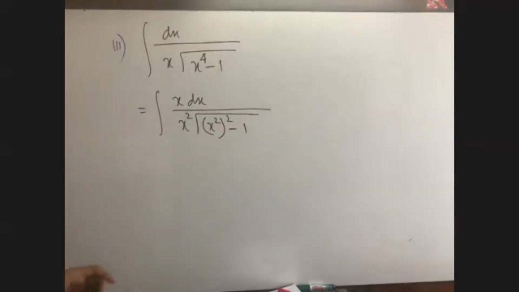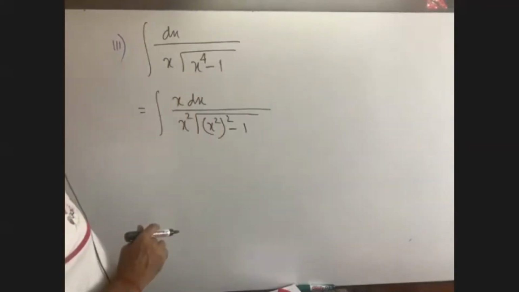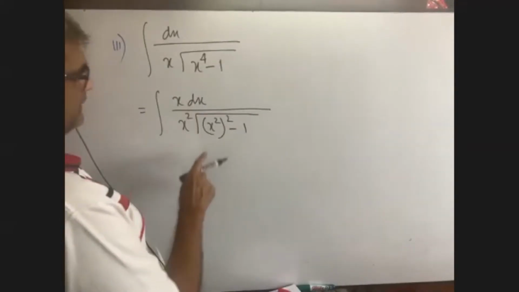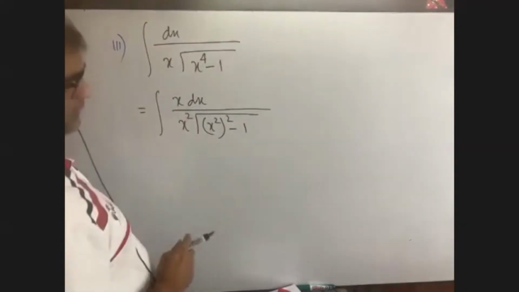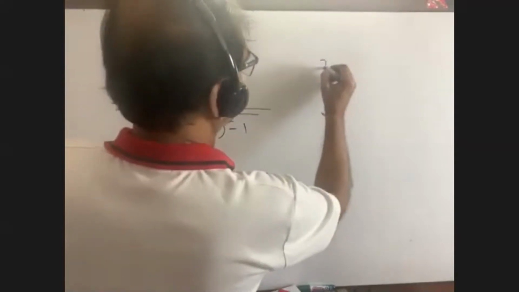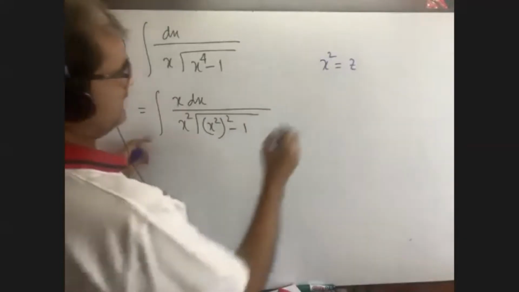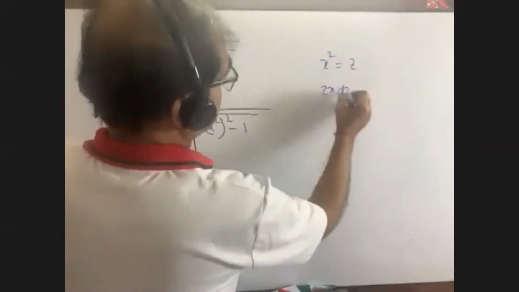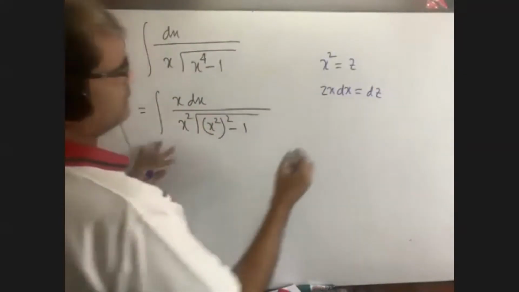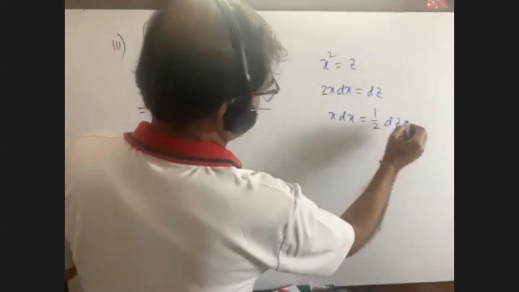Because we don't get x from x to the power 4, but we get x from x square. So we let x square equal z, then 2x dx equals dz. Now we get x dx equals half dz.